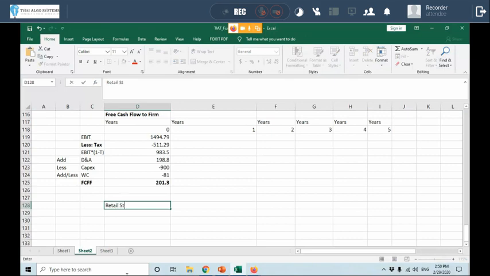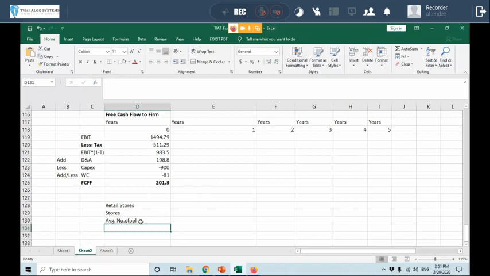It is retail stores. So the higher the number of stores, more footfall, more people will go and shop. So I know the number of stores that they have, the average number of people visiting DMart, and the average purchase value of each person. The number of billings, exactly, they will have.